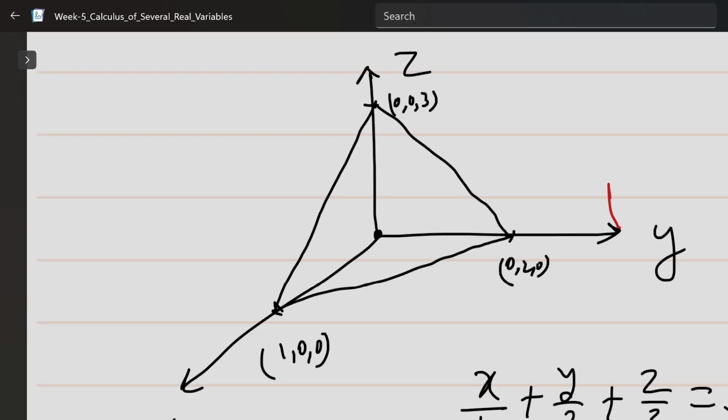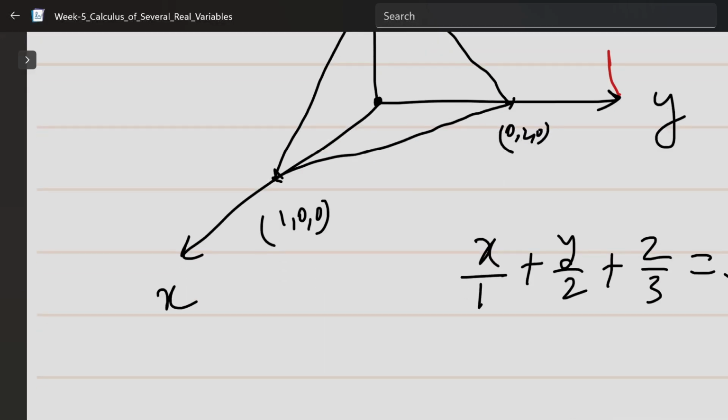Now you tell me the limits, where to where x, y, z vary. You have to find the volume. As I told you, volume is the triple integral dz dy dx. Now you have to tell me the limits for z, y, x.